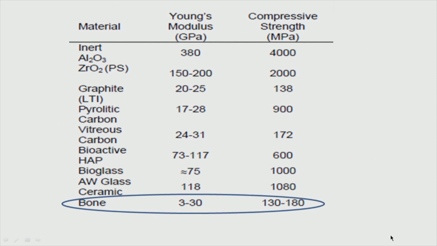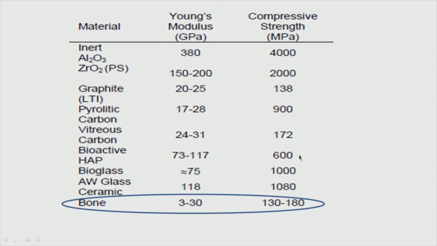Okay. So, once again we can see alumina, zirconia, graphite, carbon, different hydroxyapatite, bioglass, glass. So, Young's modulus varies a lot. Very low for vitreous carbon, pyrolytic carbon, hydroxyapatite 73, and going right up to inert alumina 380.